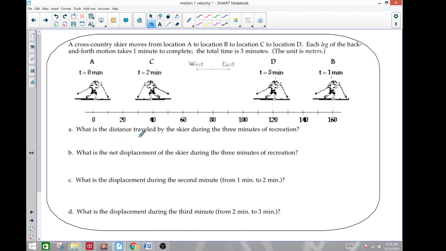What's the distance traveled by the skier during 3 minutes? We went from 0 to 160. So 160 plus, and then each of these is 10. So went to C, 10, 20, 30, 40, 50, 60. I can just subtract 40 from 160. That's 120.